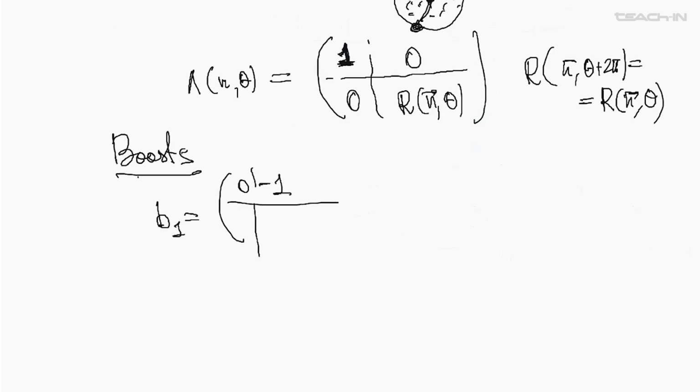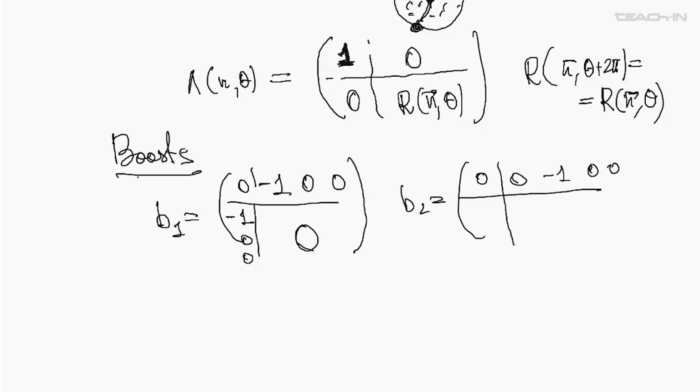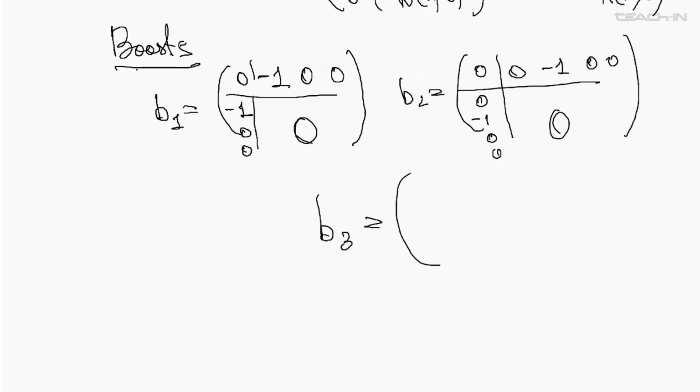So 2 zeros here, 2 zeros here, and here is a big 0. B2 has 0, 0, minus 1, 0, 0, then 0, minus 1, 0, 0, and a big 0 here. And finally B3, the third boost, has 0 here, 2 zeros here, minus 1, 2 zeros here, minus 1, and again a big 0 here.